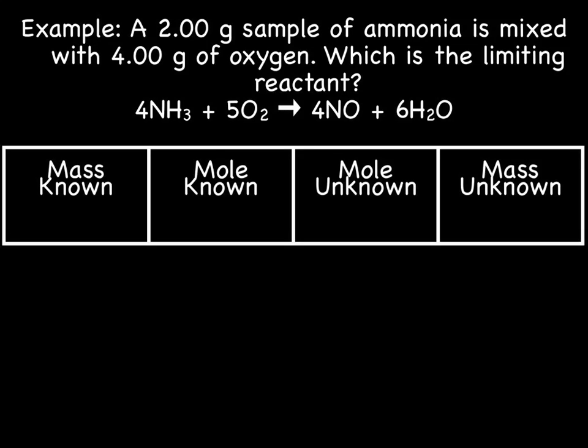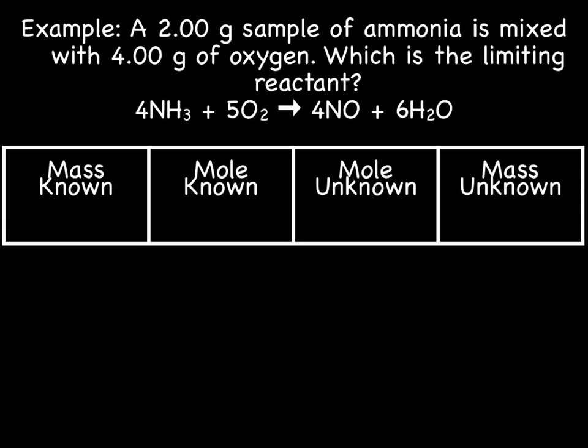For our practice, we have a 2-gram sample of ammonia mixed with 4 grams of oxygen. Which is the limiting reactant? You'll notice that you were given two givens: 2.00 grams of ammonia and 4 grams of oxygen. So we have to do two mass-to-mass conversions to figure out which is the limiting reagent.